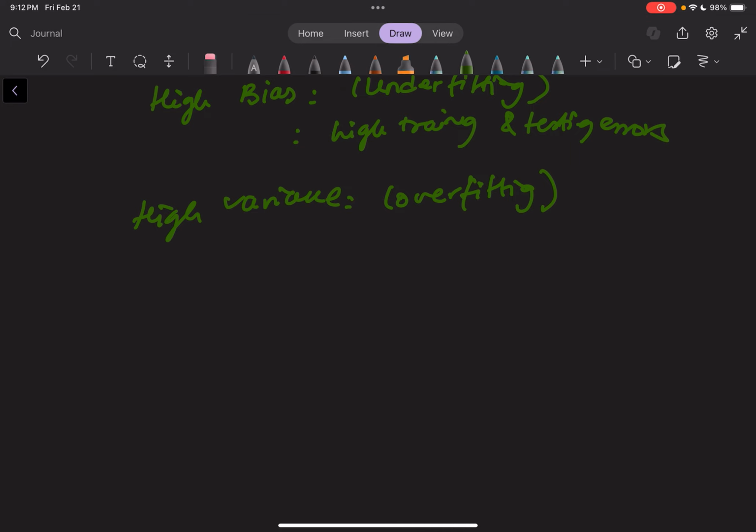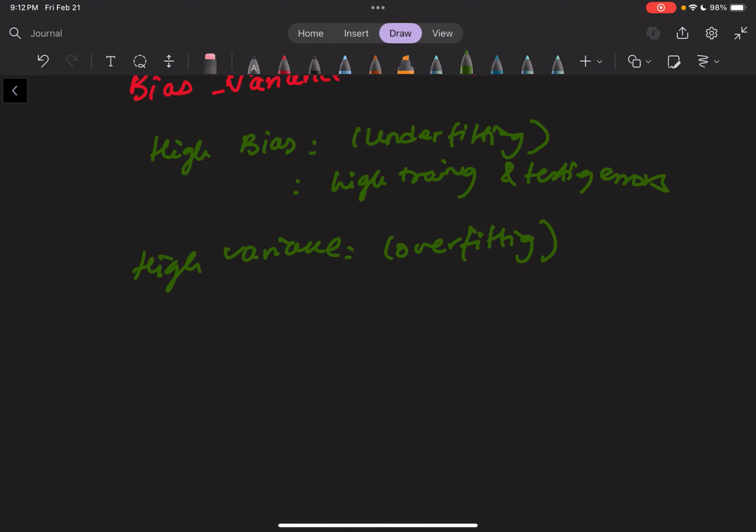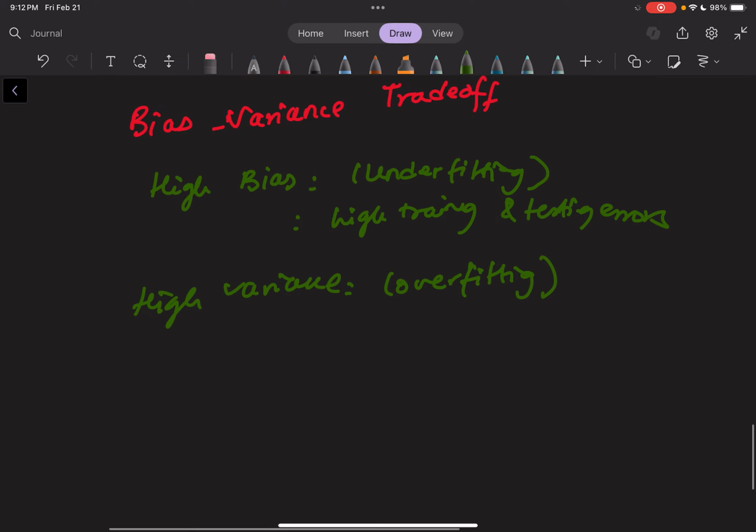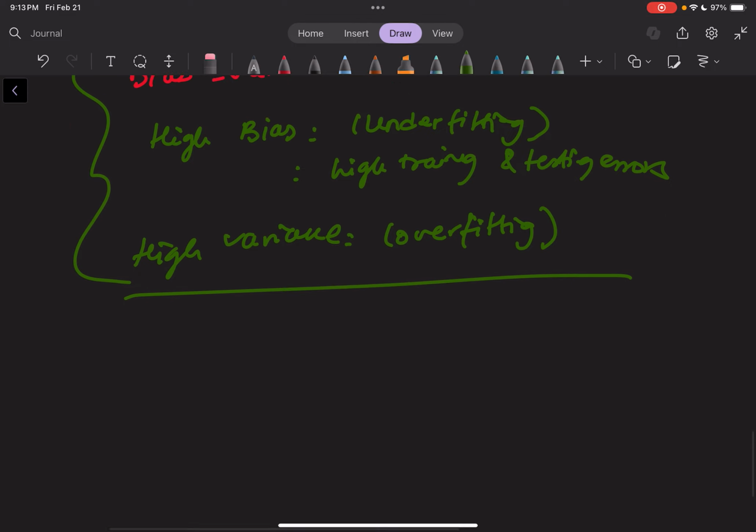Our goal is to have a model that captures patterns but at the same time generalizes well. We don't want it to memorize, but we don't want it to be so simple that it fails to capture the important patterns. So you want to get into a sweet spot.